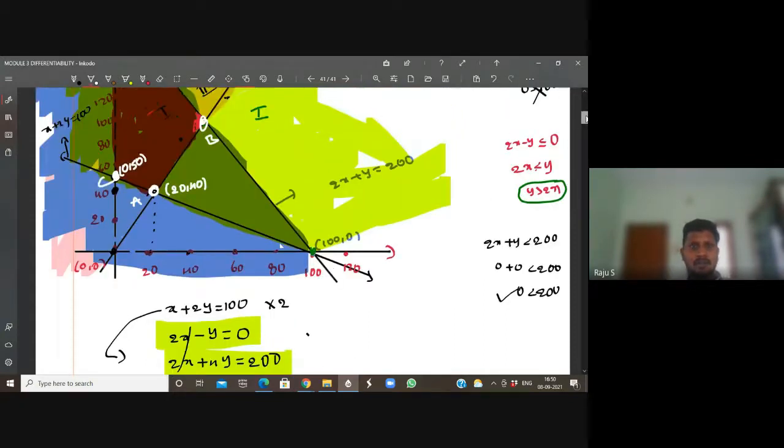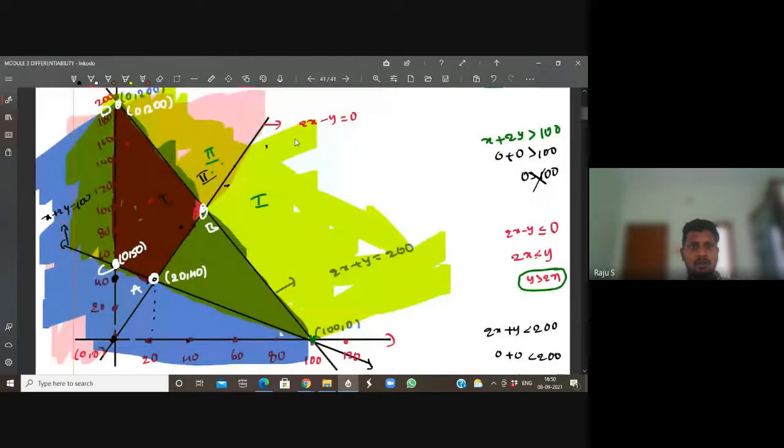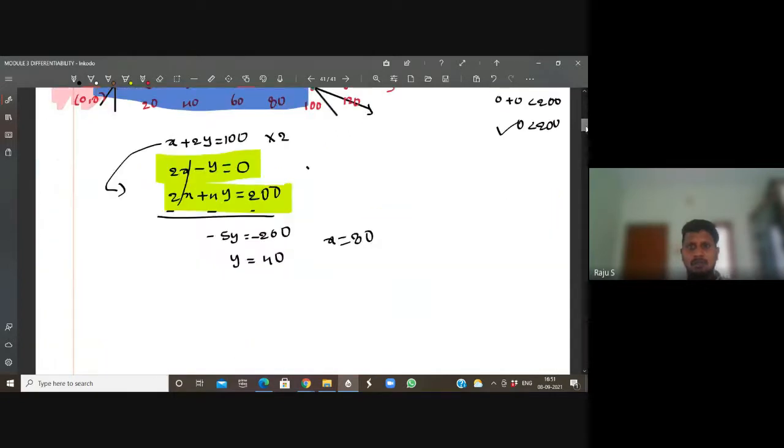Then we can find the point B. Point B is the point of intersection of 2x minus y is equal to 0, as well as another line, 2x plus y is equal to 200. You can solve these 2 lines.